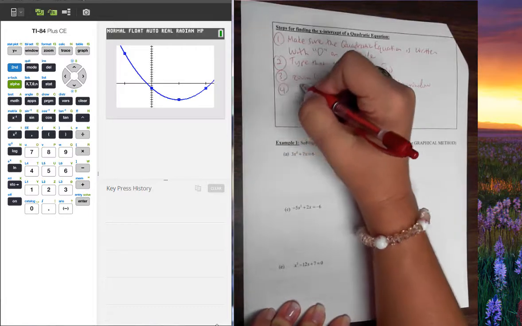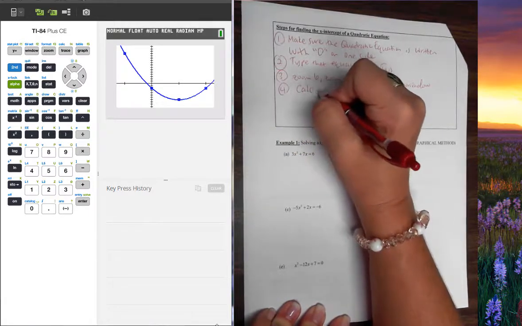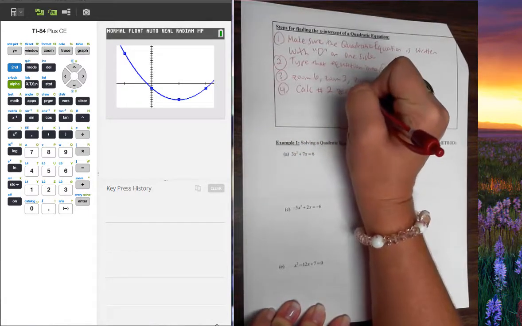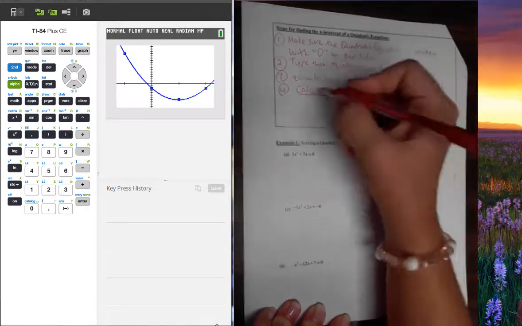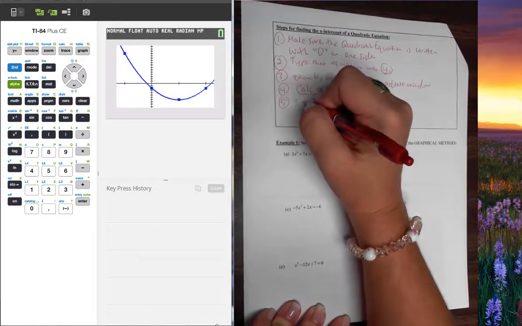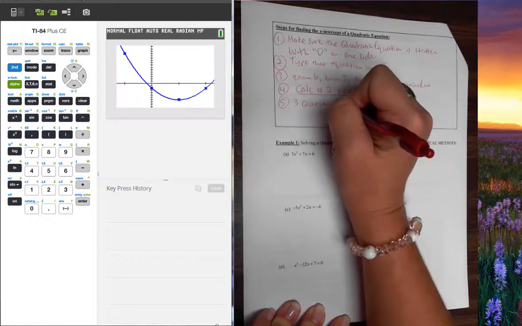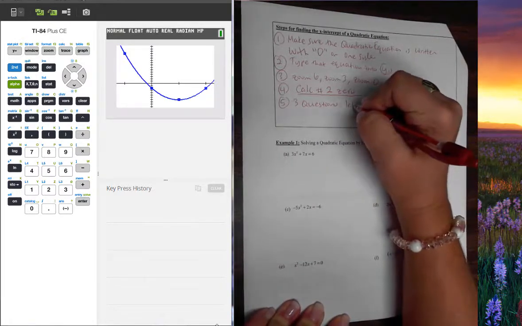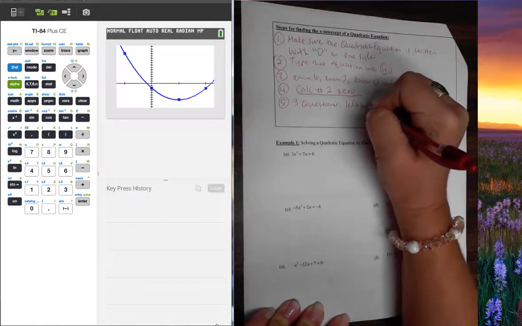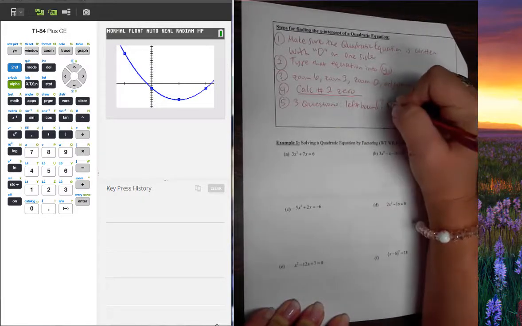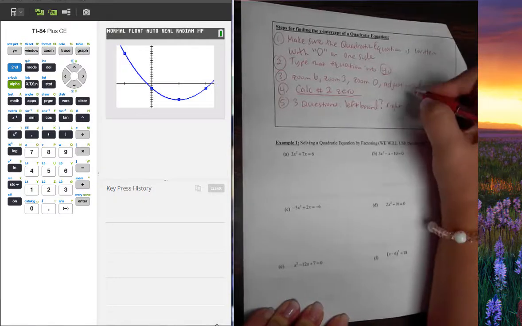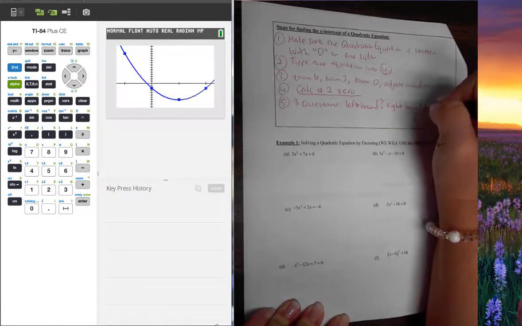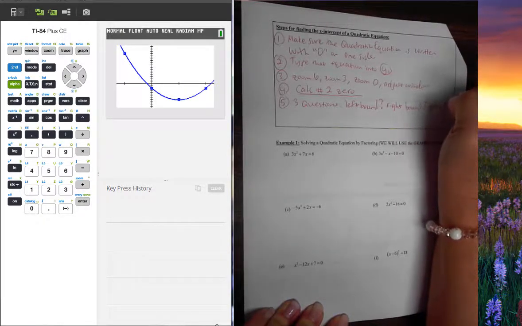Okay, number 4. You're going to go to the calculate menu, number 2, and it's called 0. It'll ask you 3 questions, kind of like the vertex asked you those questions. These questions are left bound, right bound, and guess. Left bound, you actually have to move it for these questions, and guess.